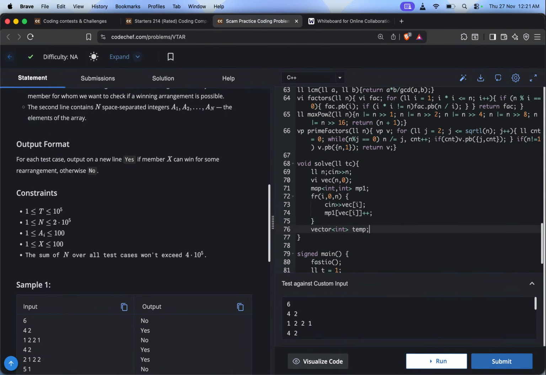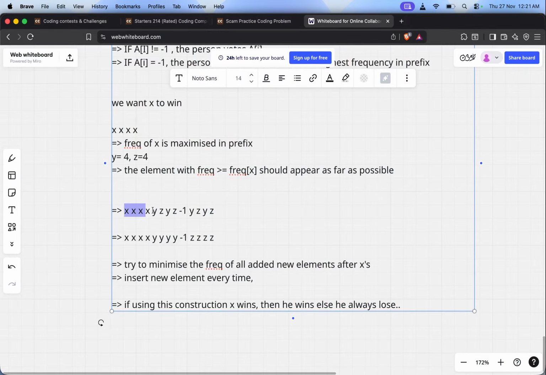Create a vector to store all elements in this order. Try to create this order. Remove all minus ones for now. Create this order, that is, inserting all x's first, then one by one inserting all the elements, doing round robin. That is, inserting elements with frequency 1, then frequency 2, then frequency 3.